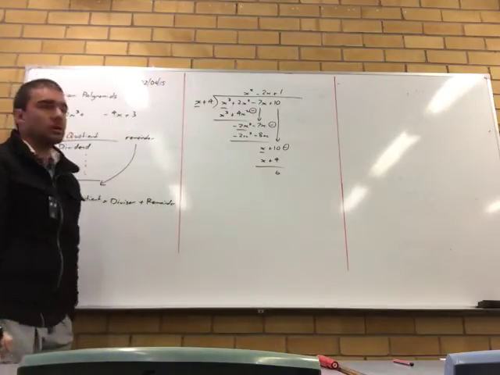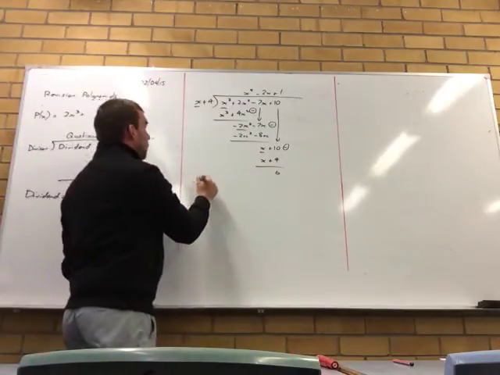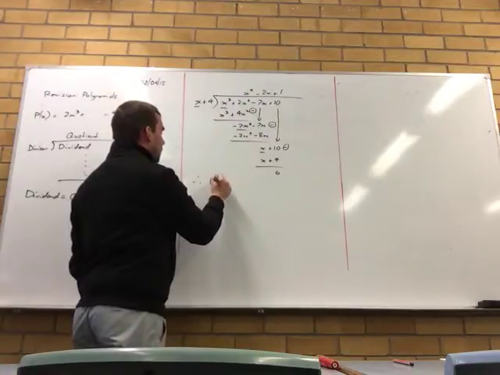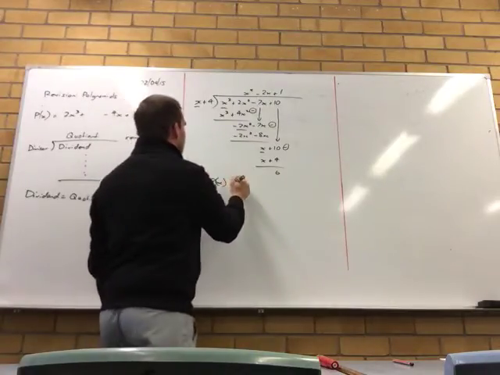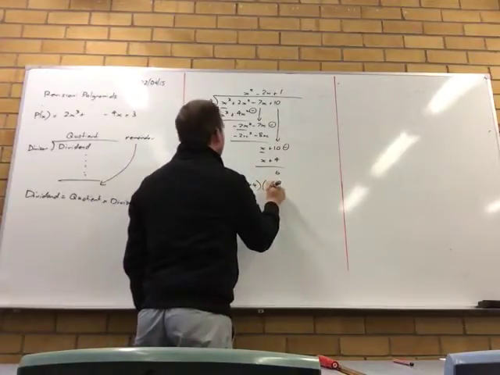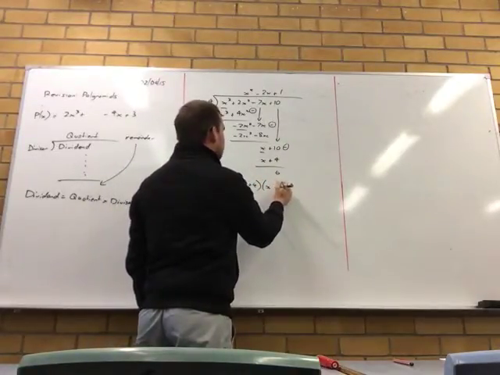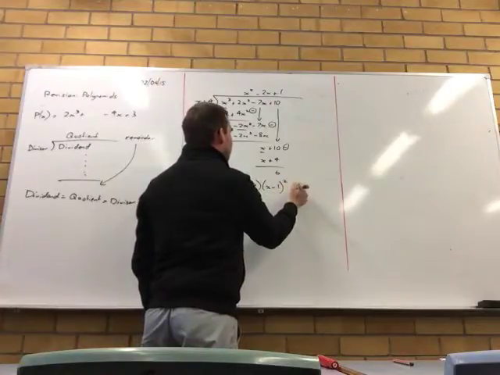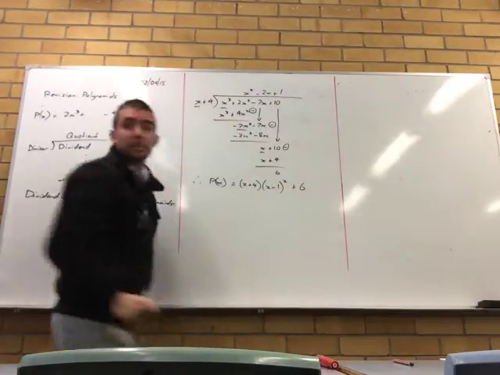Okay, so when you finish your long division, therefore your p of x, what's in the dividend, is the divisor, so x plus 4, multiplied by the quotient, x take away 1 squared, plus 6.